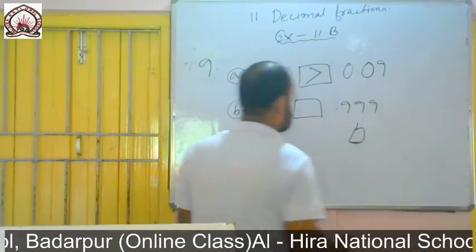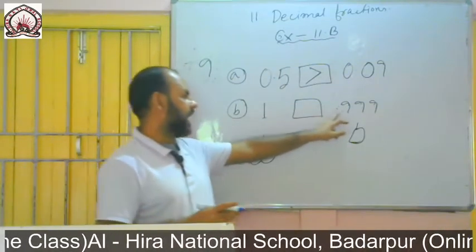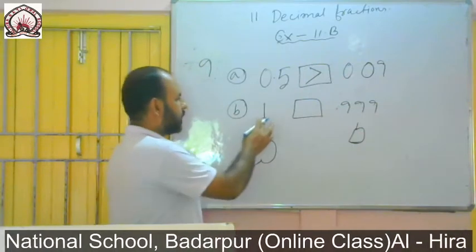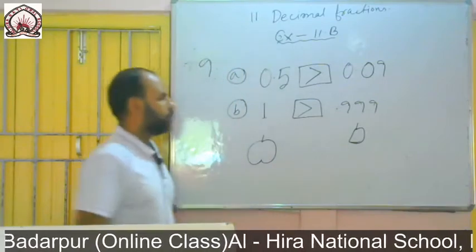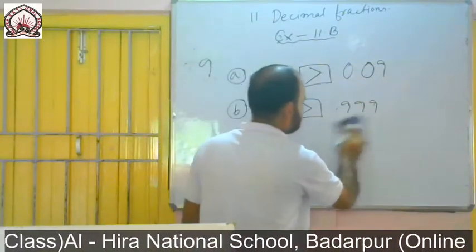Which one is bigger? Definitely 1 is bigger. So we write 1 is greater than 0.999.